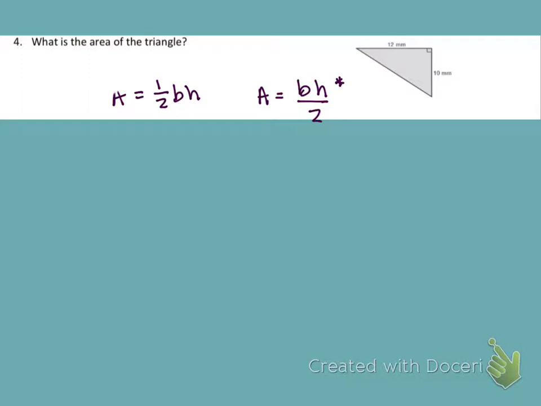I'm going to erase that star because I want to use base times height divided by 2. So here we have, when we're using a right triangle, it is where both lines meet the right angle. So if this had a measurement and we were confused on which one the height was, it would be at that right angle. So we have a height and we have a base.